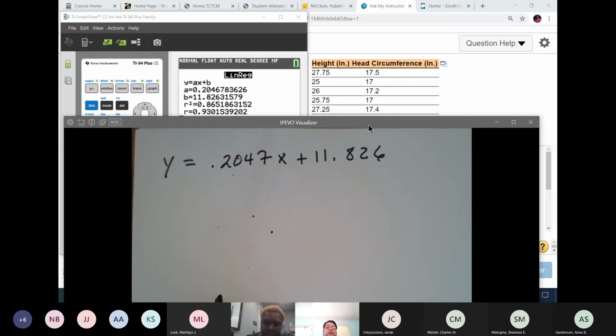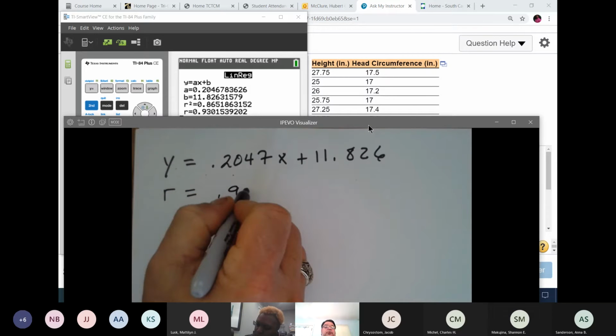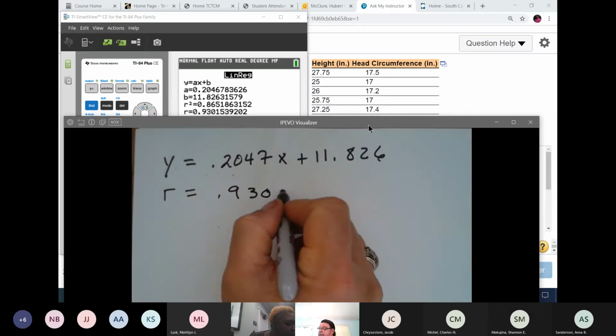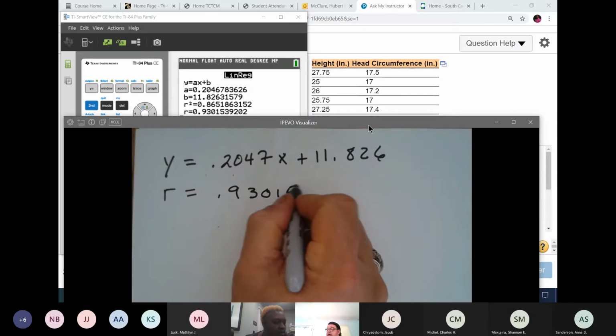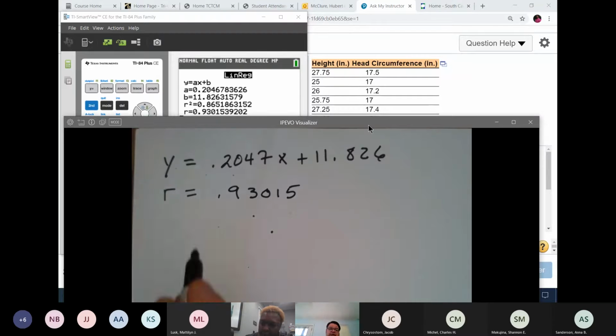And then R is equal to 0.93015. I usually write the whole number down, but they usually ask for 3, so I write 5. I always go a couple extra. Now that's the 2 things you need. And now you need to draw it.